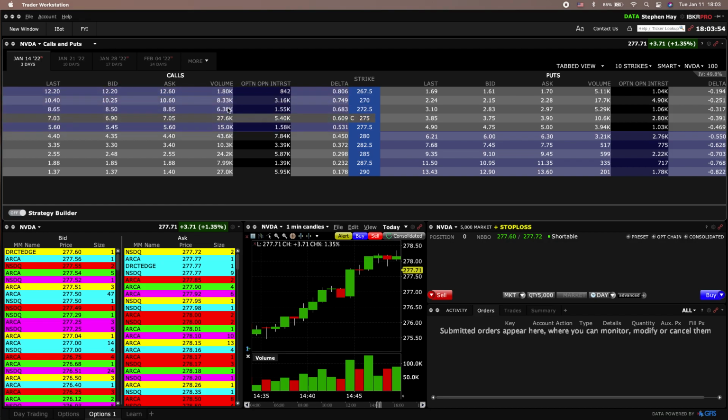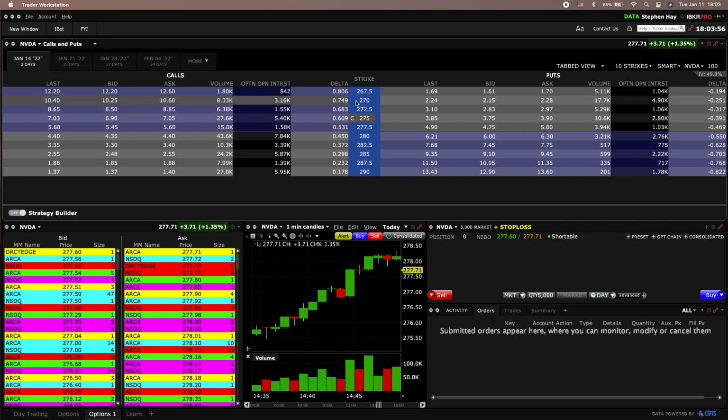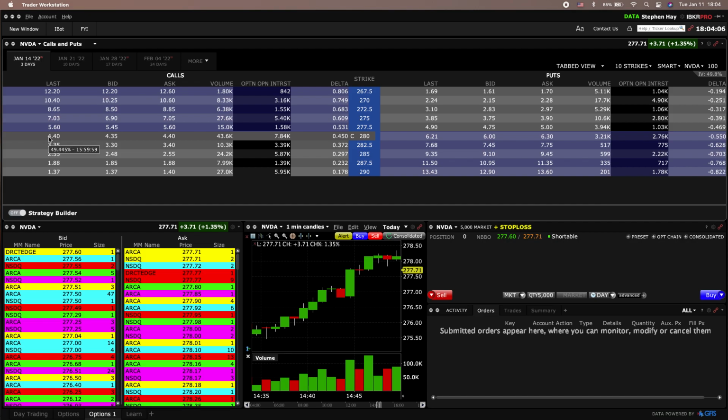Keep in mind that the stock has already moved here, so 270 is technically already in the money, which is why it's so expensive. But during the day when we were at 270, it was probably around $4.4 here. So $440 during the day for one contract. And if I go 275, it probably costs around $255 for that one contract.